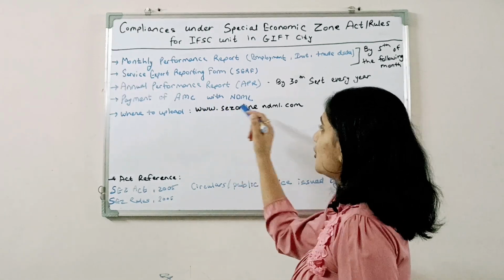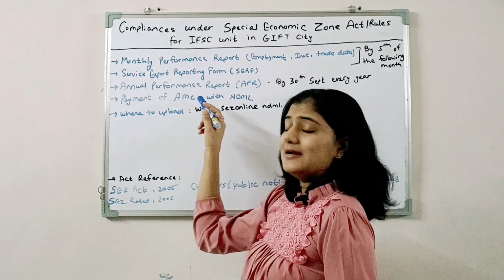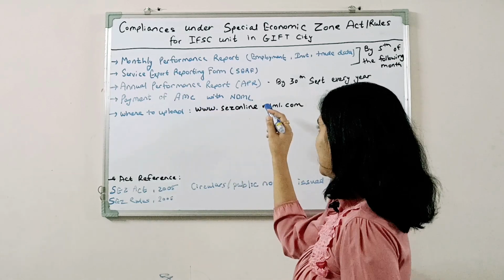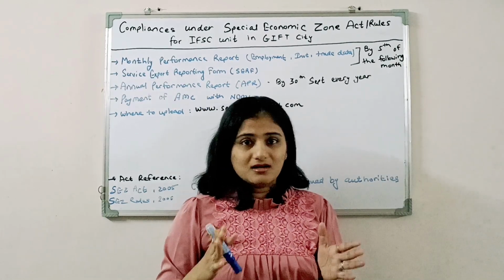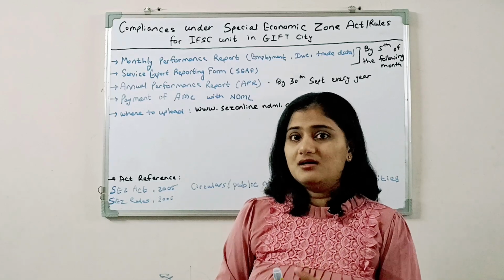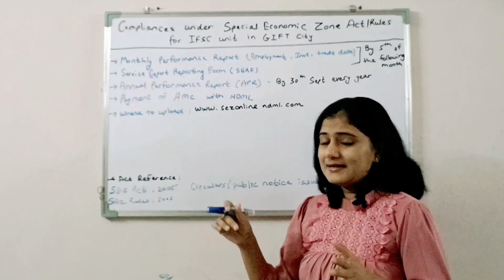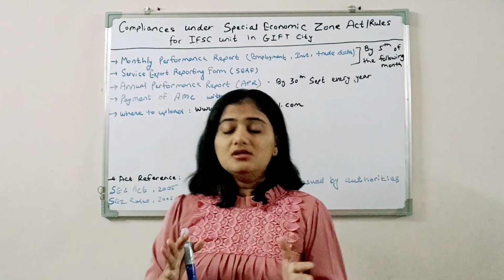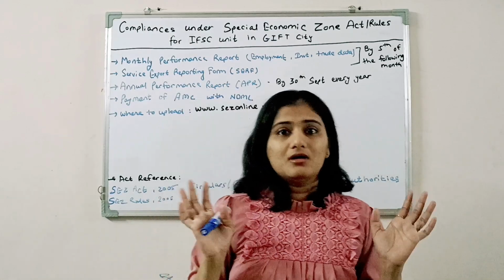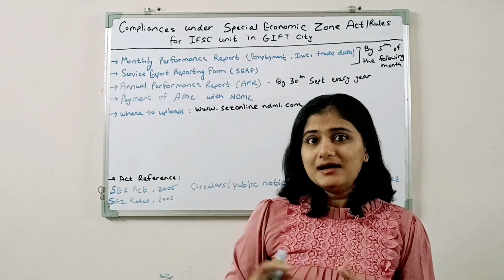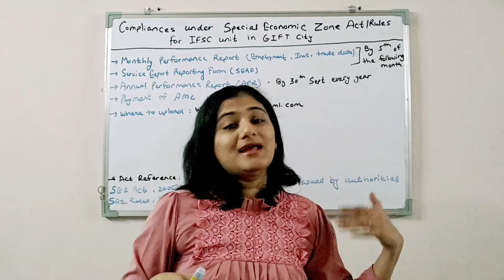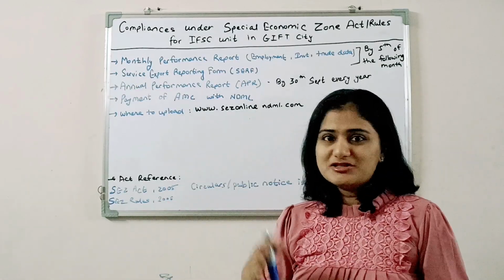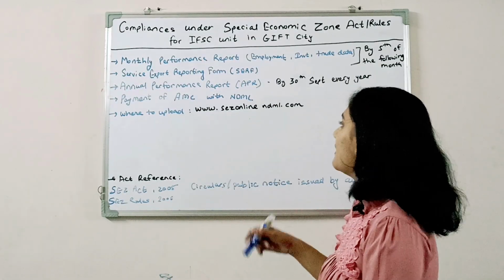Then payment of annual maintenance charges with NDML. NDML is the subsidiary of NSDL. NDML maintains the SEZ portal, on which you have to fill in all the data regarding these submissions as well as for the new registration and other requirements which I have mentioned in the earlier part of the video.